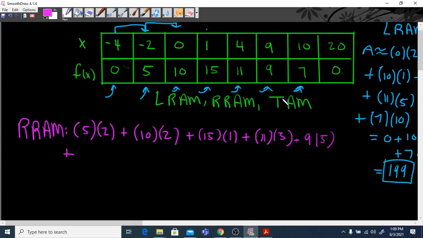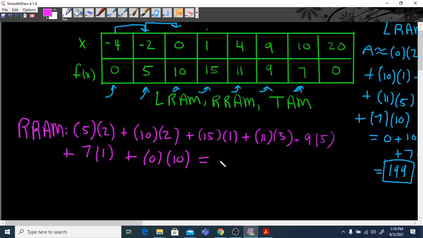plus, and now we're here, 7, and then 10 to 9, that's going to be a 1. And then finally, we're going to end at the last y value, so it's going to be 0. And then the width from 10 to 20, that's going to be 10.